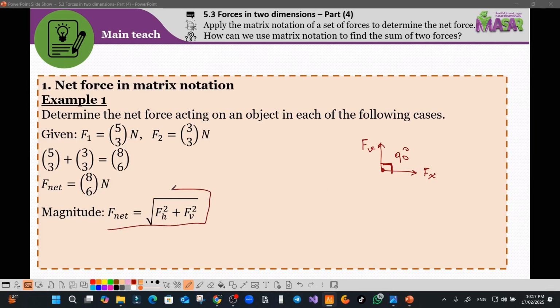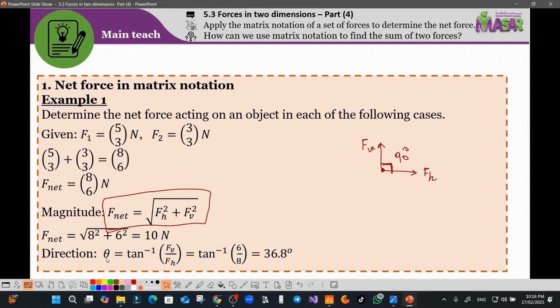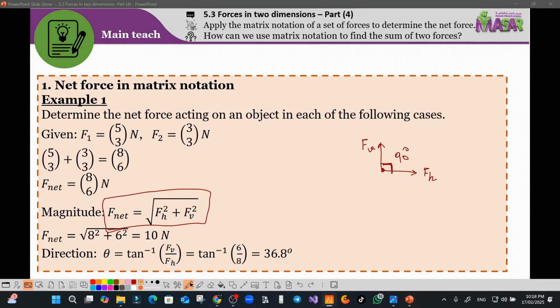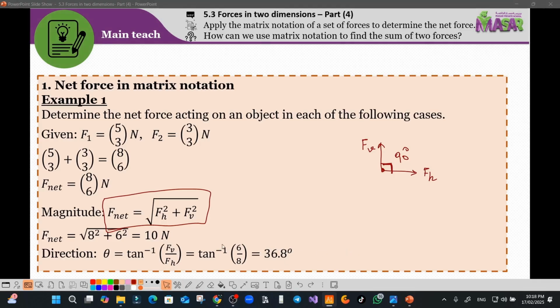And this is how we use the Pythagorean sum: square root of F squared h plus F squared v. The direction here can be found using theta equals tangent inverse of Fv over Fh. So it will be equal to tangent inverse of 6 over 8, and the answer is 36.8 degrees.